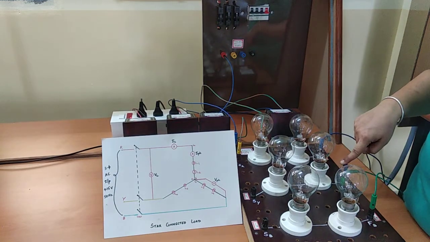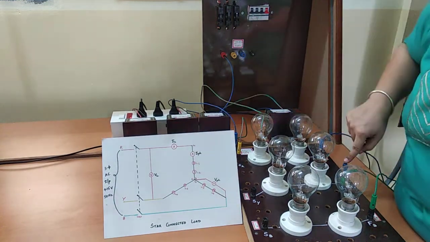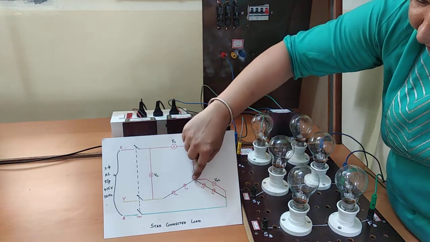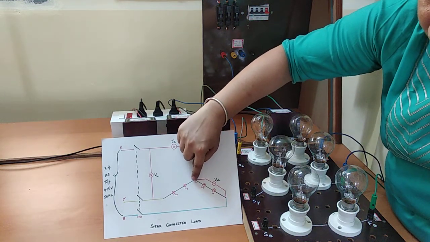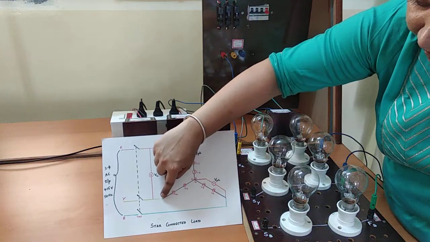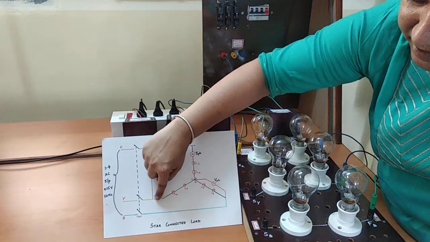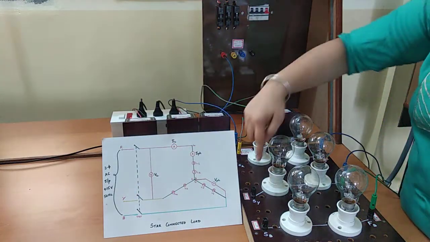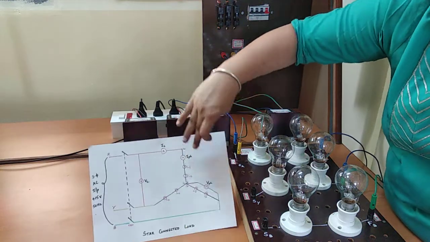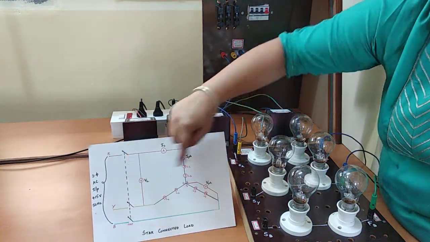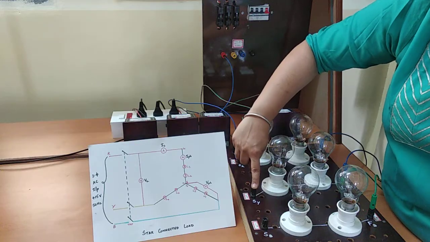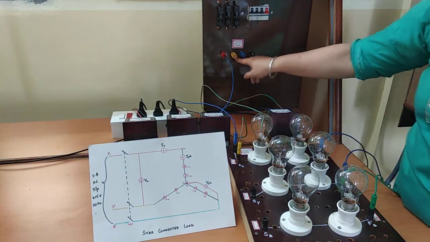Next, we finished the connection here, that is the point neutral is formed, then L3, L4, and then we have from SR to Y. So this SY, we have SY to Y. So this is SY terminal. From SY, we connect it to Y terminal again.